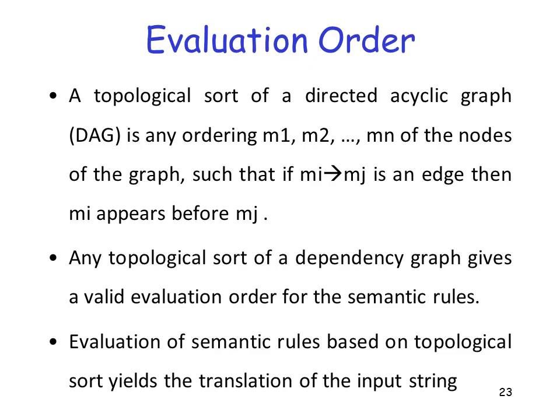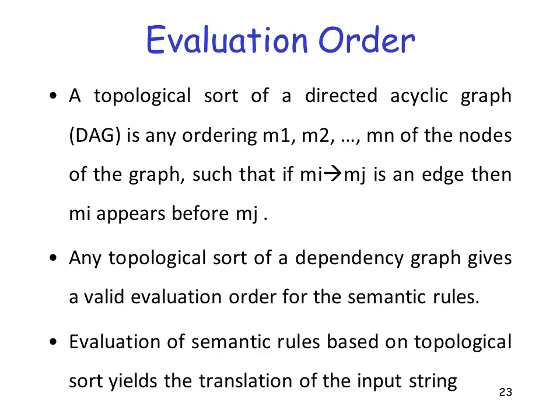So we have a token, we have drawn the parse tree, we have considered the dependency graph. Then next we have to evaluate the attributes on the path shown by the dependency graph. This evaluation can be based on a topological sort, because the dependency graph is given, so we can perform a topological sort to obtain the values of the attribute.